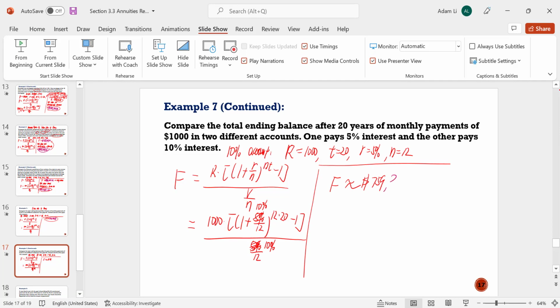$759,368.30. So 10% yields much more return.